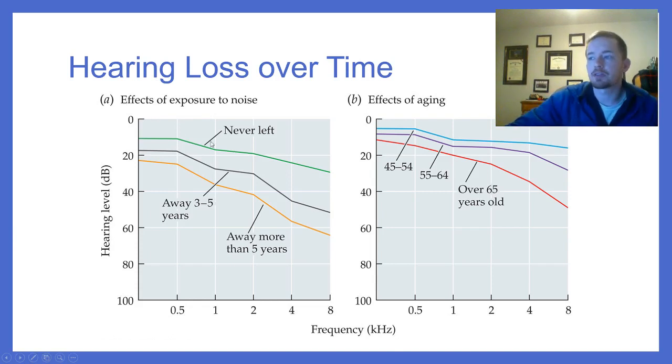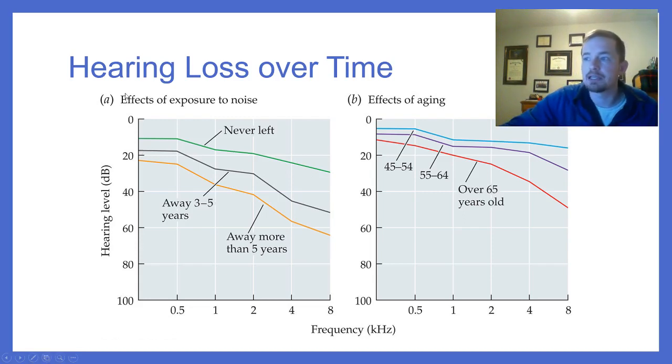The "never left" group right here is people who lived on an island community that didn't have jackhammers, didn't have cars, didn't have electricity. This is their hearing threshold if they never left. So if they never left, you can see how it stays pretty good, right? But simply moving away for 3 to 5 years, so they moved to America for 3 to 5 years as an example, and they moved back.